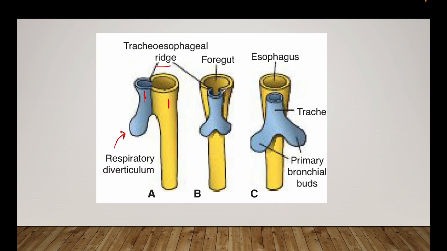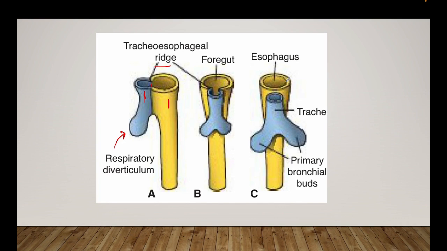Now this ridge, as you notice in the picture, will start to deepen. Little by little, there is an opening between the trachea and the esophagus, soon to be trachea and esophagus. This cavity will close. Eventually it will form something called the tracheoesophageal septum. This tracheoesophageal septum will separate the respiratory diverticulum from the primitive tube.